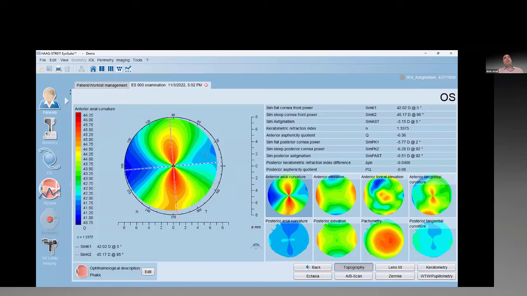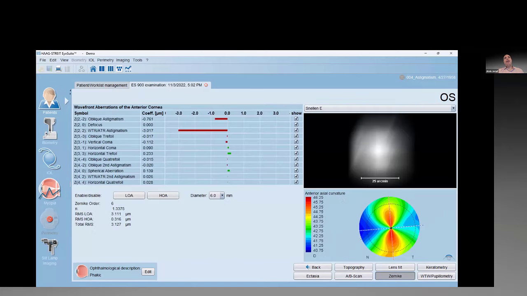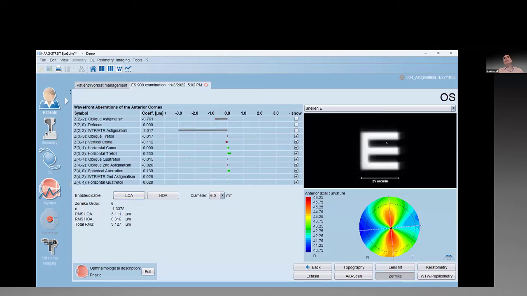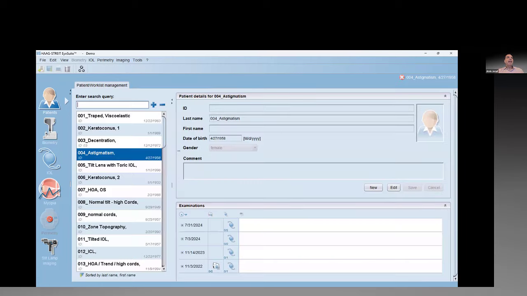And here the patient might accept or might not accept. But whenever I show him, this is your current vision because of the astigmatism in your cornea, and if we implant a toric IOL, this will be your vision, it's easier to explain the situation.